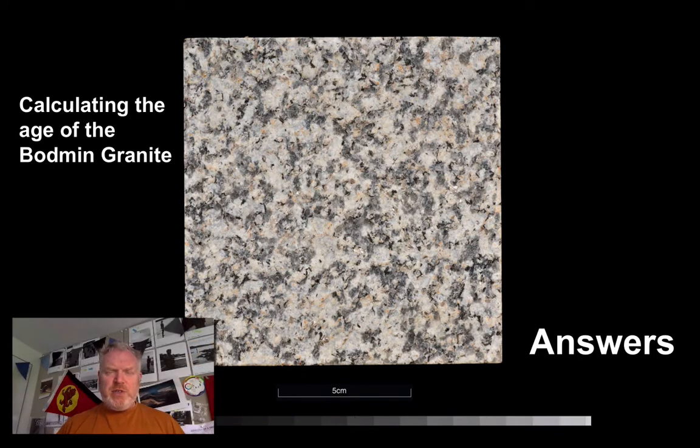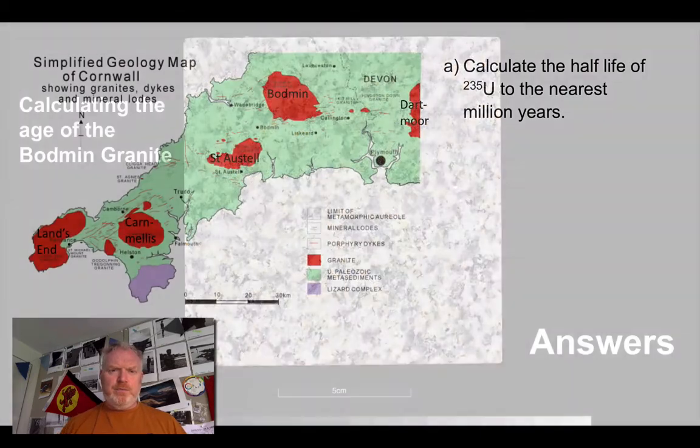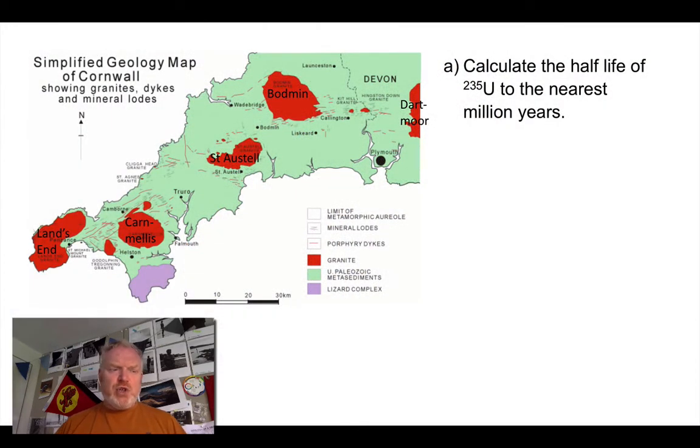Hopefully now we've managed to come up with some good answers to these questions. Let's go through and I'll show you what I've worked out. So the first question was to calculate the half-life of uranium-235. It's not a technique that you need to memorize, but the same principles apply as it does to the potassium-argon dating that you do need to know.